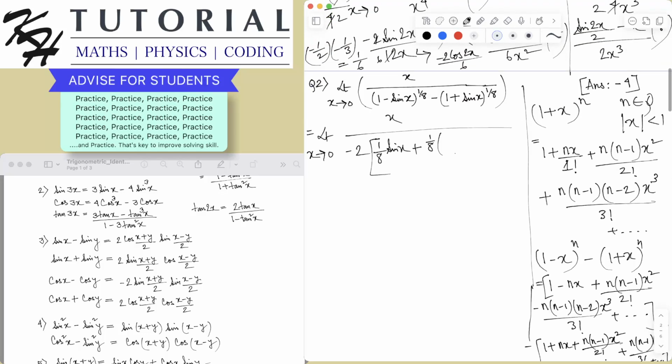Let's write n only, and then finally I will replace n with 1 by 8.